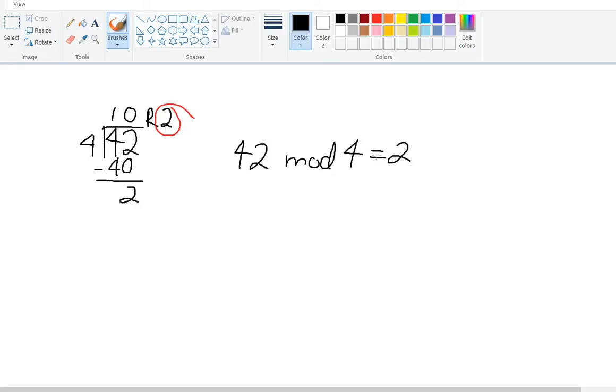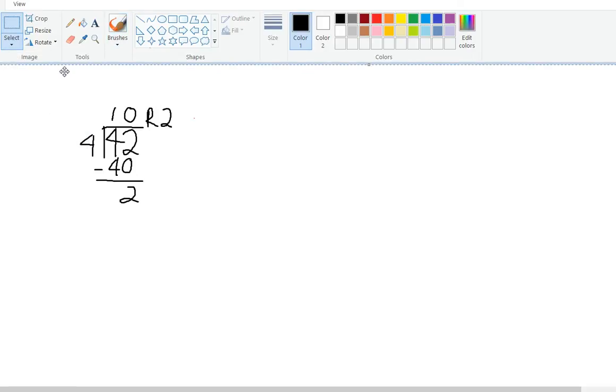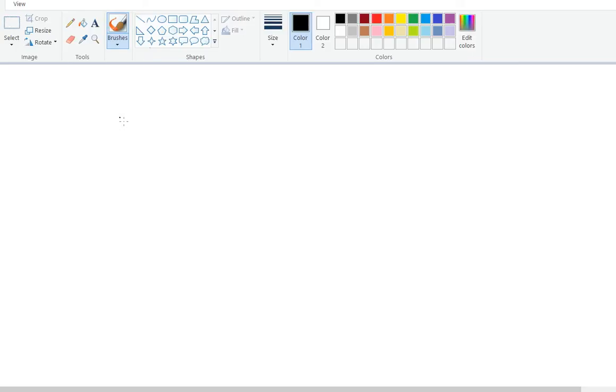Now, modular arithmetic is important for the rounding numbers project, specifically because if you have a number like, let's say, 327, and you want to round to the nearest tens, we have to look at this number.